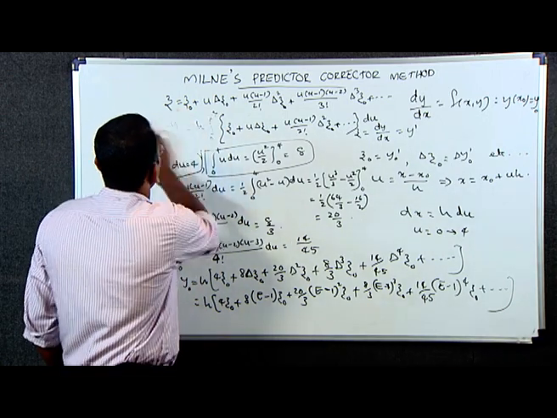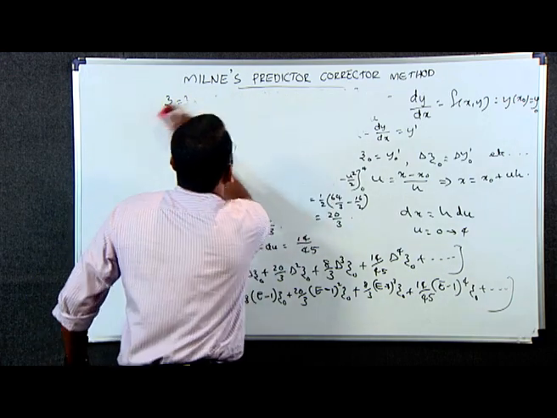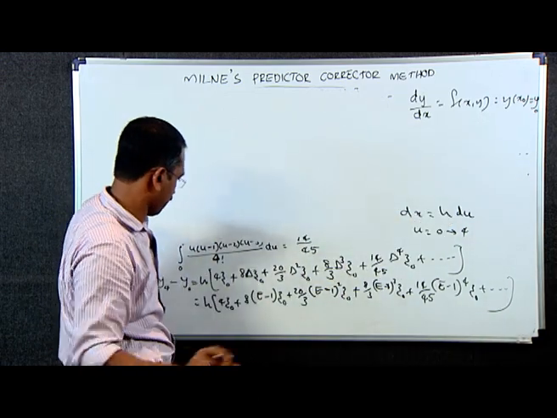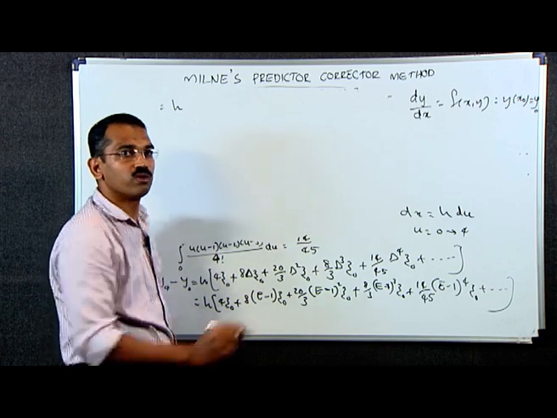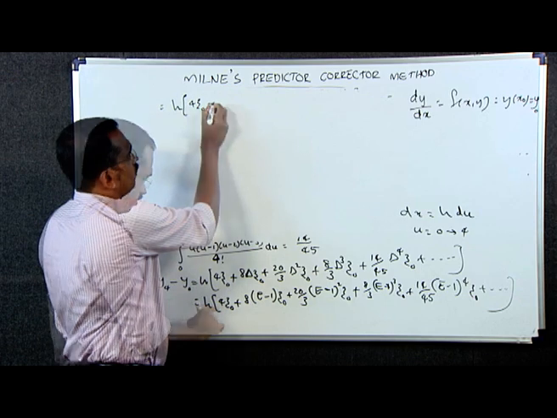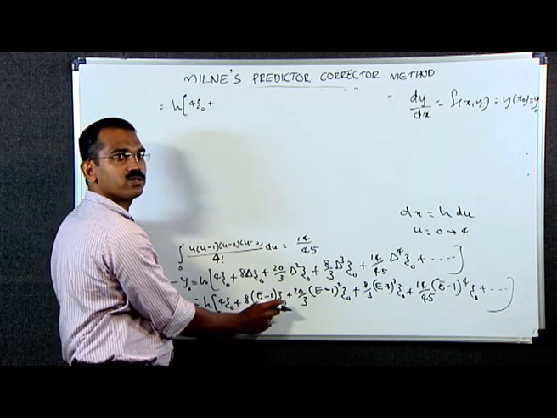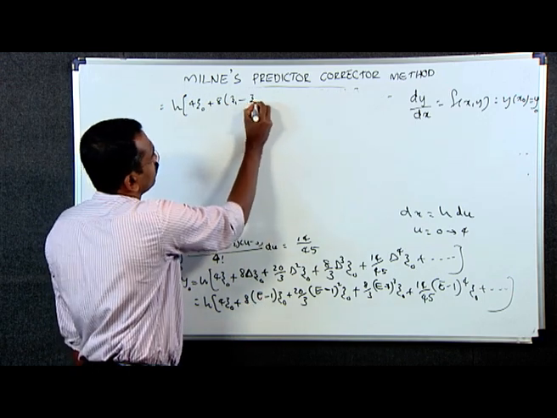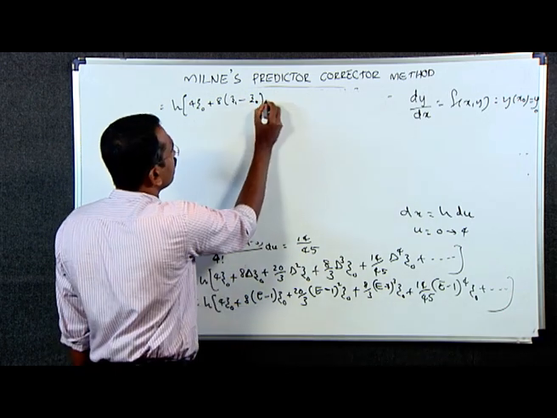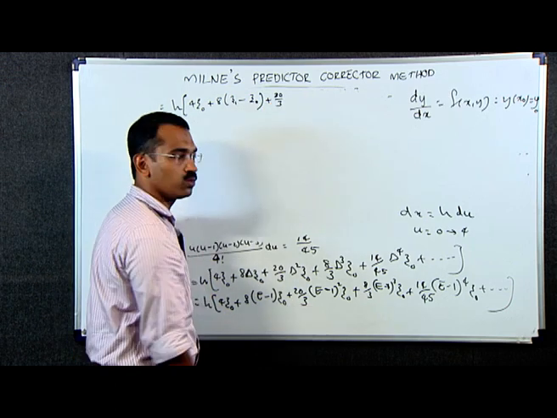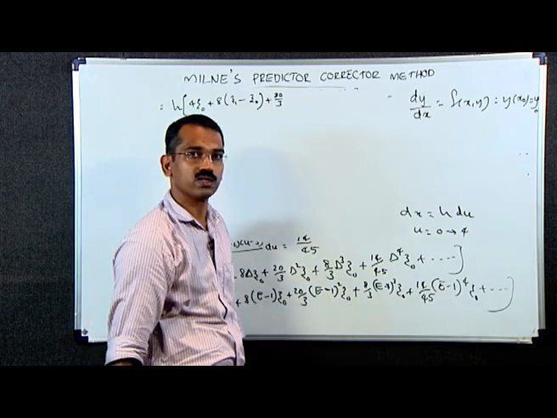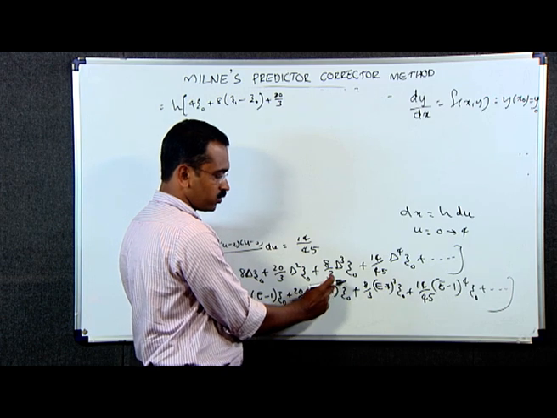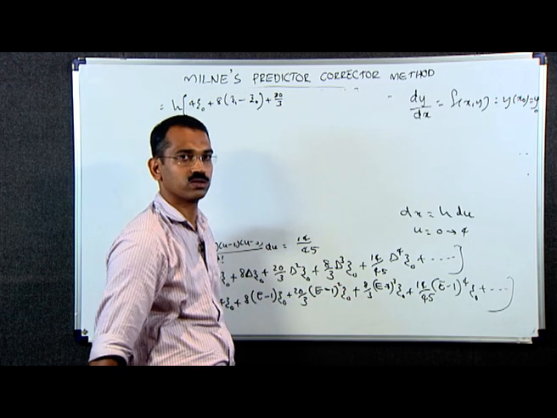This is equal to h into 4 z0 plus 8 into e of z0, which means z1 minus z0, plus 20 divided by 3 into e minus 1 whole square of z0, which means e square z0 minus 2 e z0 plus z0.